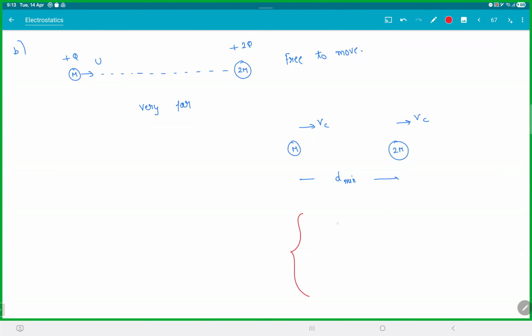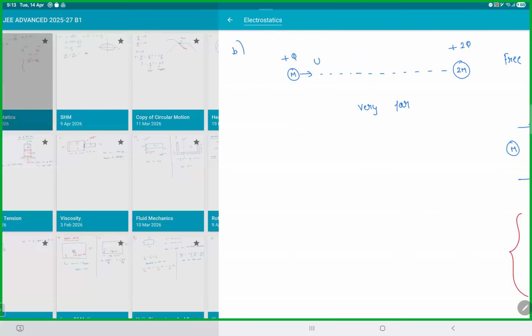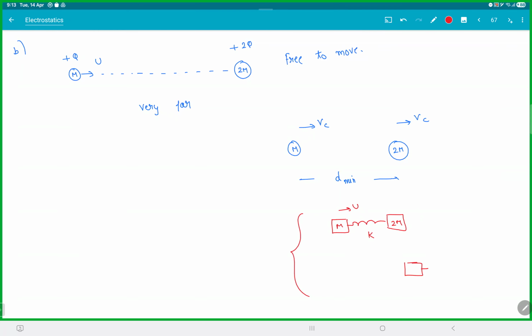So this question is similar to this guy, m and 2m, and this is u. So this will be vc and this will be vc. Max compression, so basically that's your minimum distance.